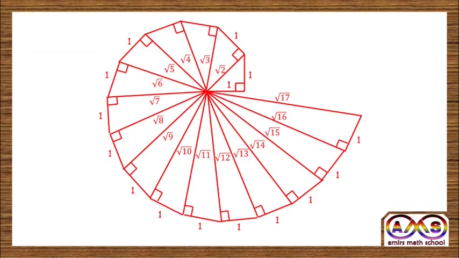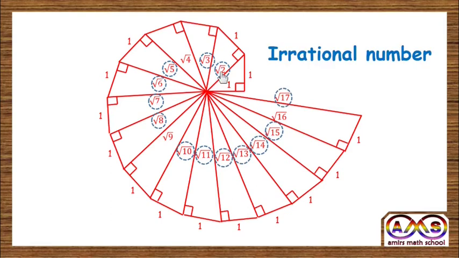There is some connection between the previous statement and this square root spiral. The circle marked roots are irrational numbers. So we can say this square root of 2, square root of 3, square root of 5, square root of 6, square root of 7, square root of 8, square root of 10, square root of 11, and up to square root of 15 and square root of 17, these are irrational numbers.